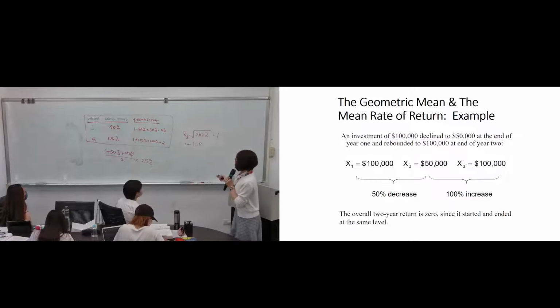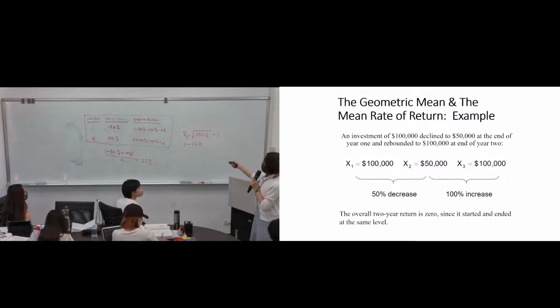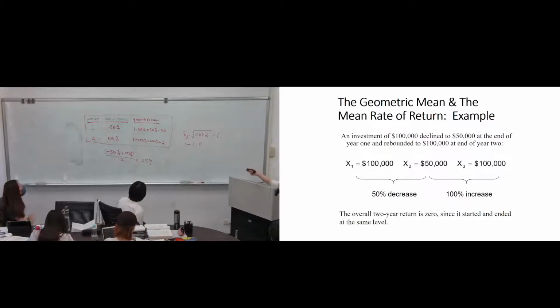So if we look at the geometric mean, we find the growth factor for each period and then multiply them together. For period 1, the growth factor is 0.5. For period 2, the growth factor is 2. We multiply them together because there are 2 periods, and then find the square root of that, which is 1.